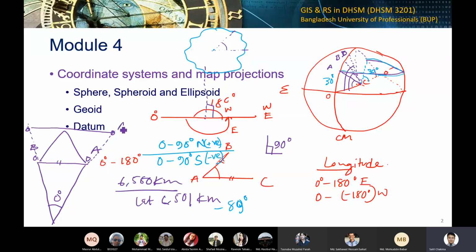So if this is A dash and B dash, the distance between A dash and B dash is of course longer than the distance between point A and point B.